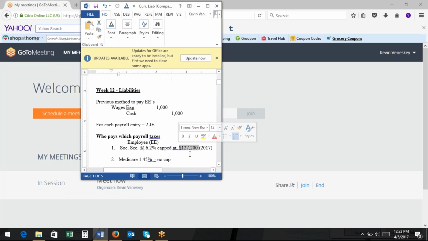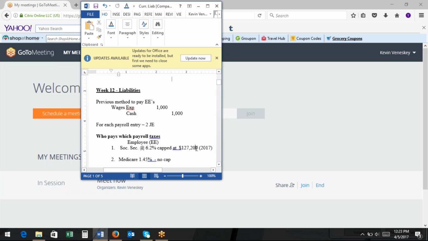We'll see this when we talk about the other taxes. But let's say my earnings as of the end of November, I was in a high wage bracket and I had earned up till now $125,000. If I had earned $125,000, that means only $2,200 is left until I get to this magic cap number.